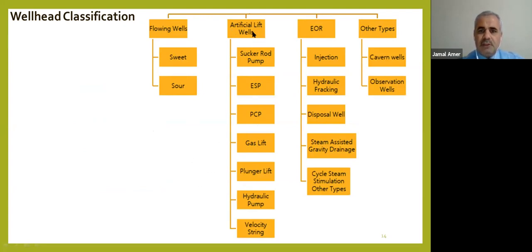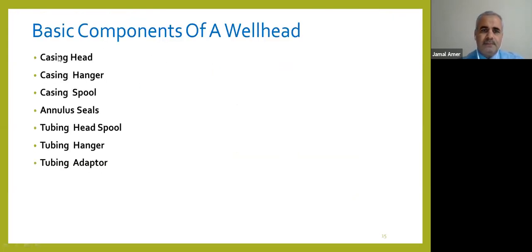For artificial lift, we see here sucker rod pump, ESP, electrical submersible pump, progressive cavity pump, gas lift, plunger lift, hydraulic pump, velocity string. Then injection wells, if we have CO2 injection or gas injection or water injection wells. Okay, this is the classification of wells.